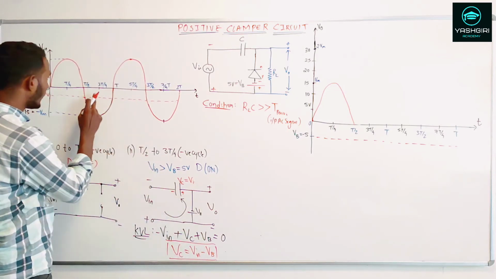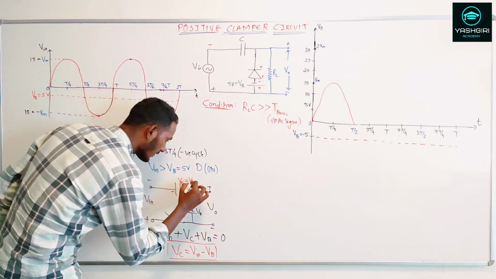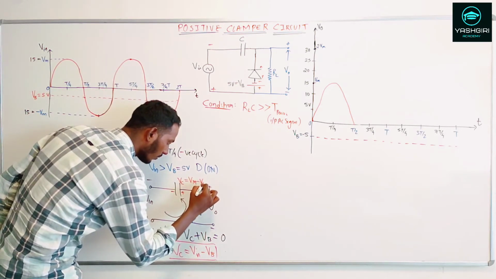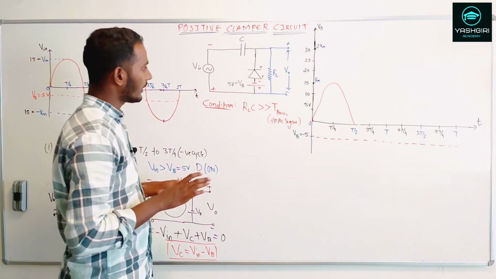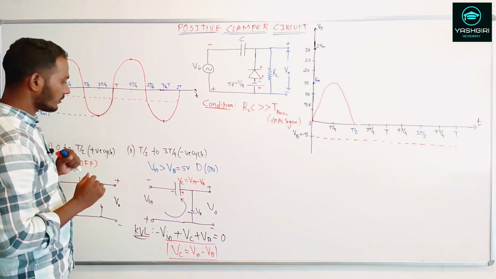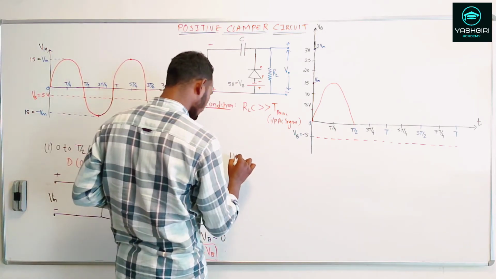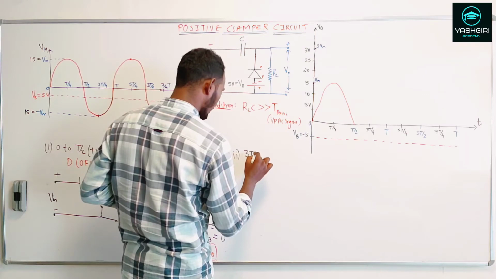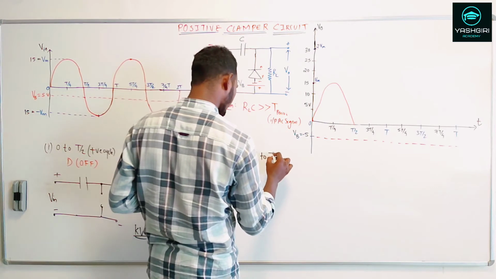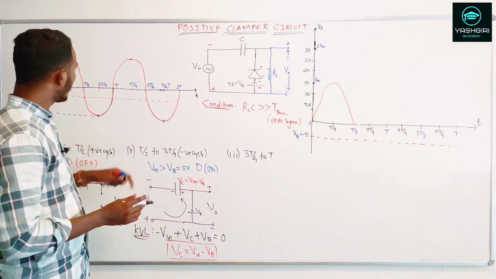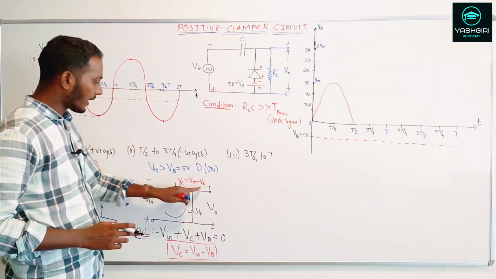What I know is that when I reach the time period 3T/4, the V input is maximum, so it will be Vm minus the biasing voltage VB. Now let's see the third region, from 3T/4 up till T. During this region, the capacitor is already having Vm minus VB.